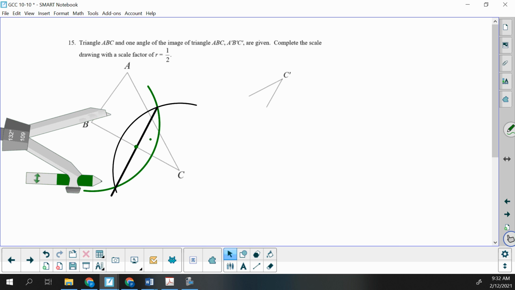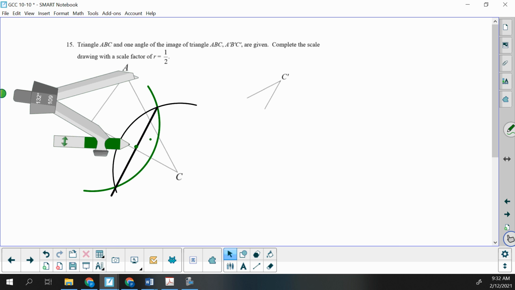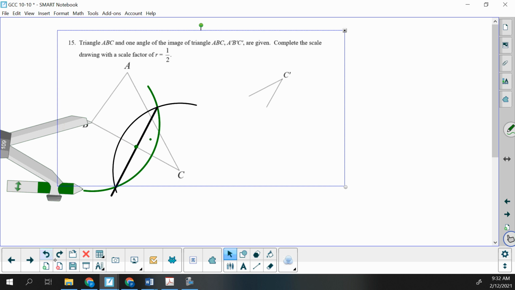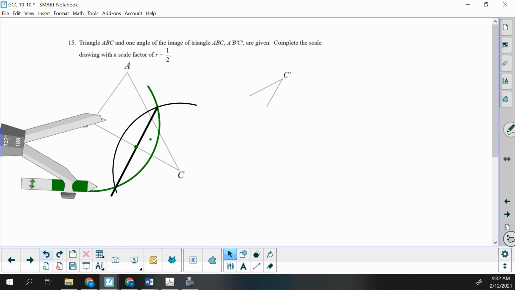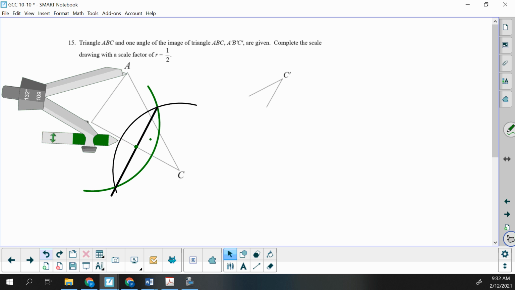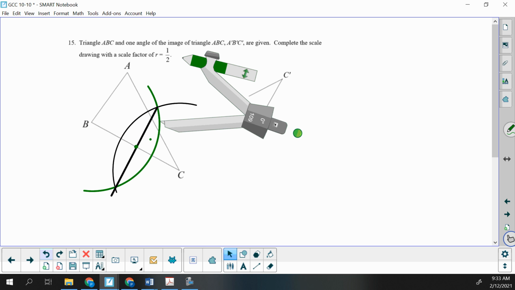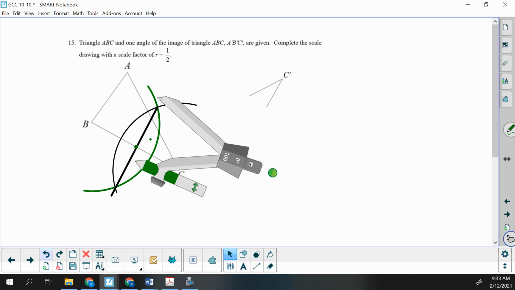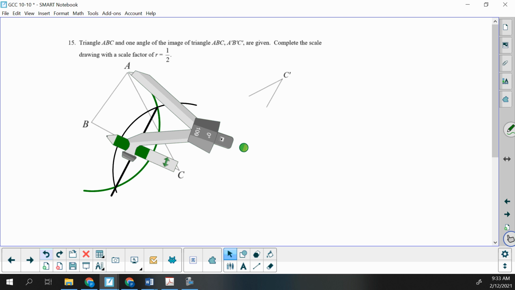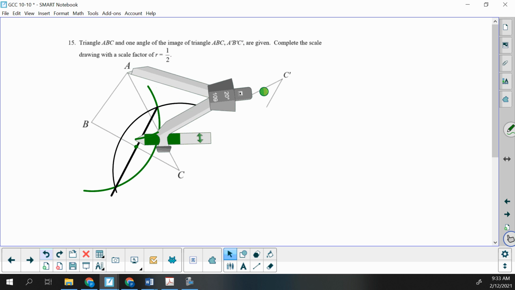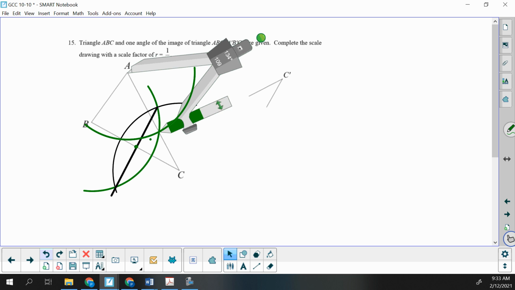So then we'll do the same idea for AC. Same idea for AC. Put your point on A. And make sure you're over halfway. Swoop it up and swoop it down.